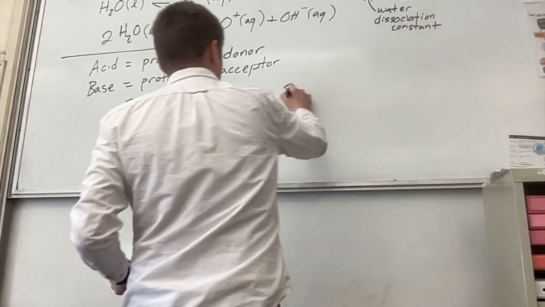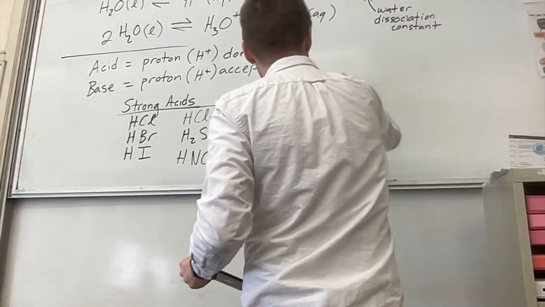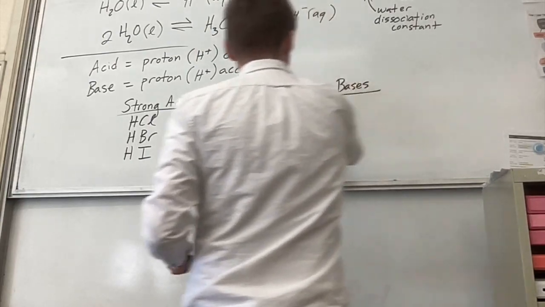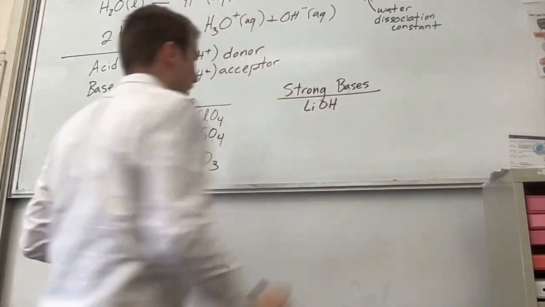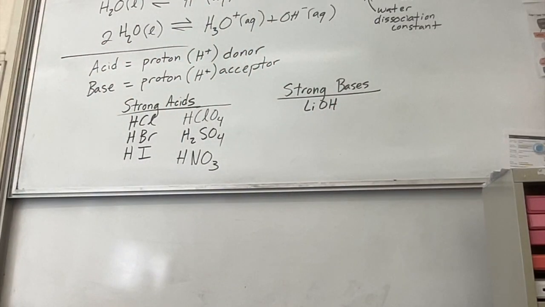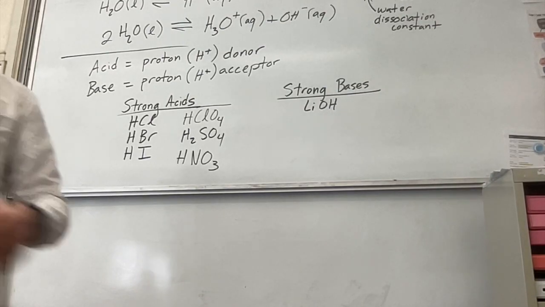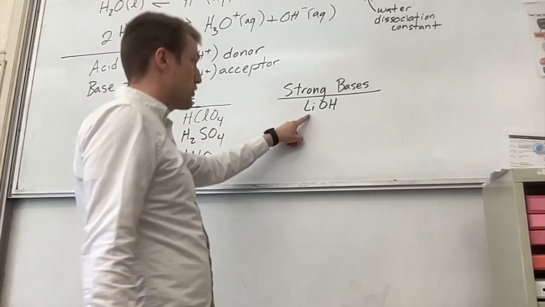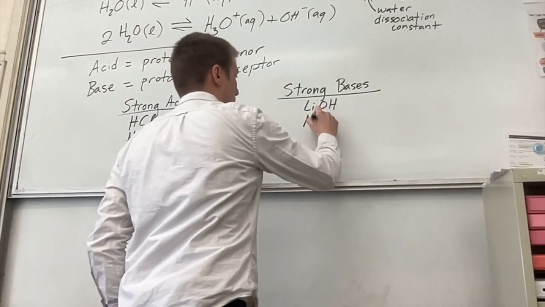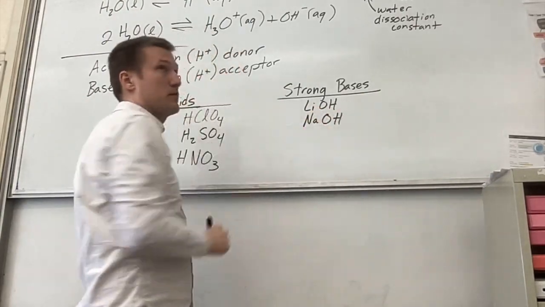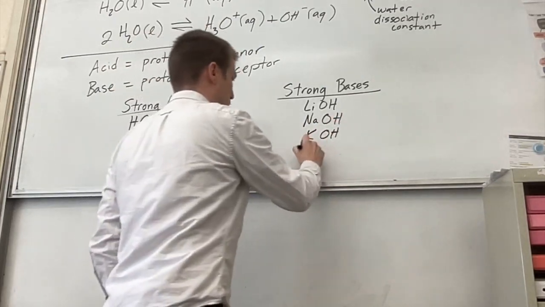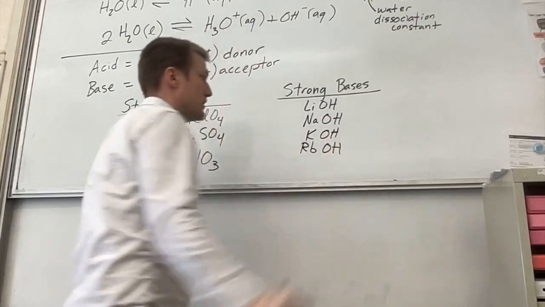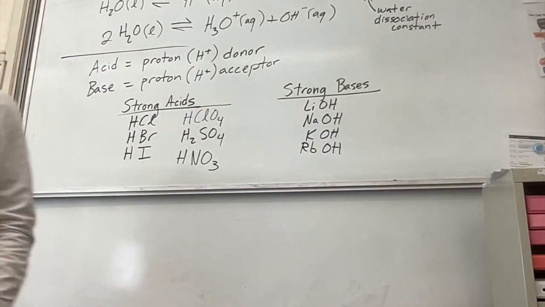And then there's also strong bases. Let me list some of those. Lithium hydroxide. All the strong bases are stuff that will dissociate and make hydroxide. So the column 1 alkali metals with hydroxide make a strong base. Sodium hydroxide is probably the most common example. Potassium hydroxide or rubidium hydroxide. So that's all the group 1 stuff.